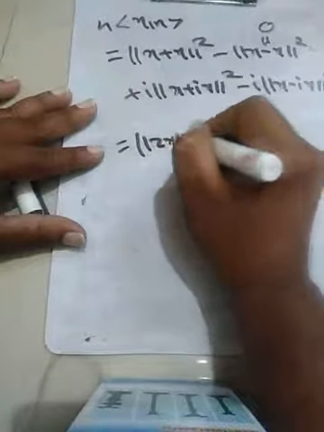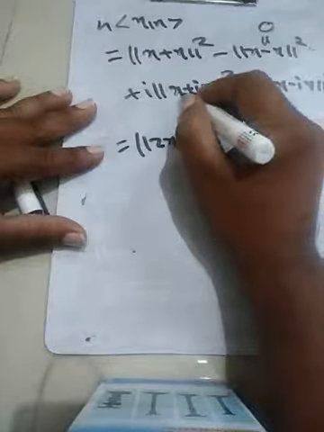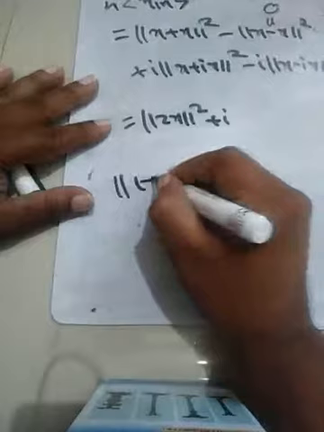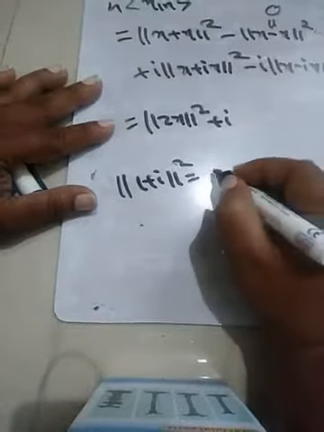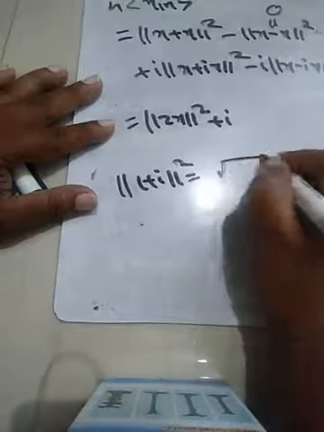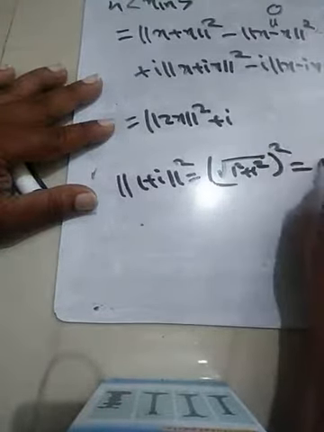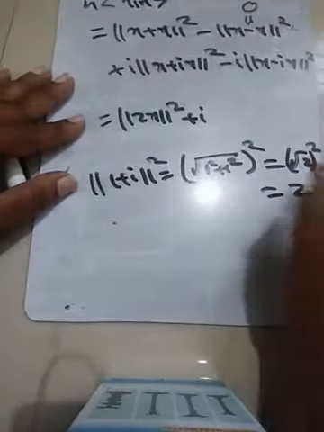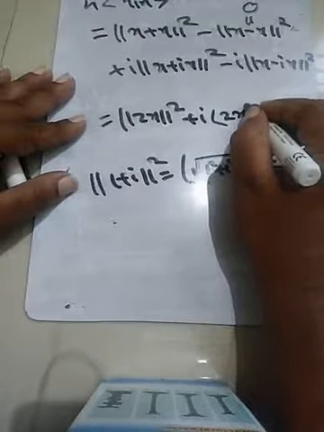Norm of 2x whole square, x plus ix, what comes outside? x comes outside, 1 plus i times, and norm of 1 plus i is nothing. Square is what, it would be square root of 1 square plus 1 square, its square, which is root 2 square, which is 2. This is i times norm 2x.